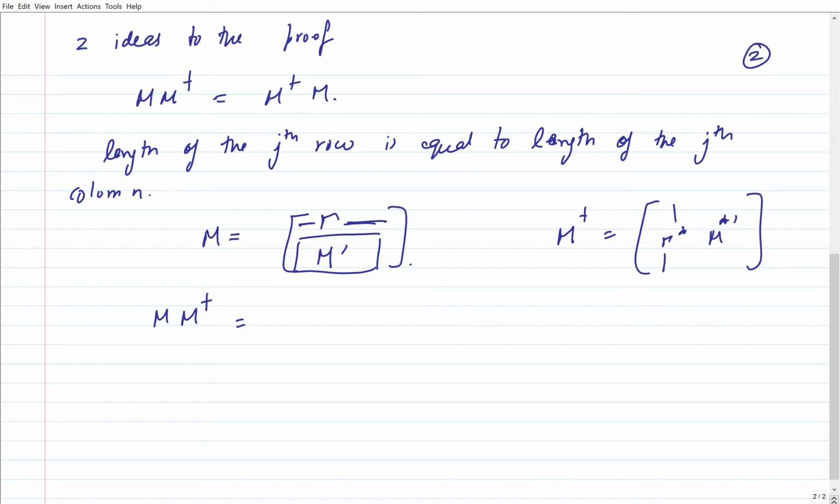When we take M M dagger, this row multiplies with what has become the column, so essentially I'll get something like r r dagger as the first element. This is M dagger.